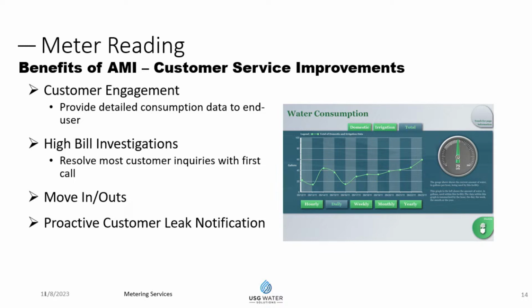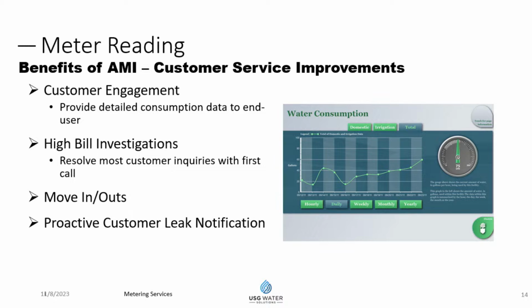There we go. Customer engagement. Again, we're able to provide detailed consumption data to the customers. They have a question about how much water was used on a certain day or a certain time. The clerk can give it to them. Anything that's in the Aclara One portal can be downloaded and printed out or downloaded and emailed to the customer.